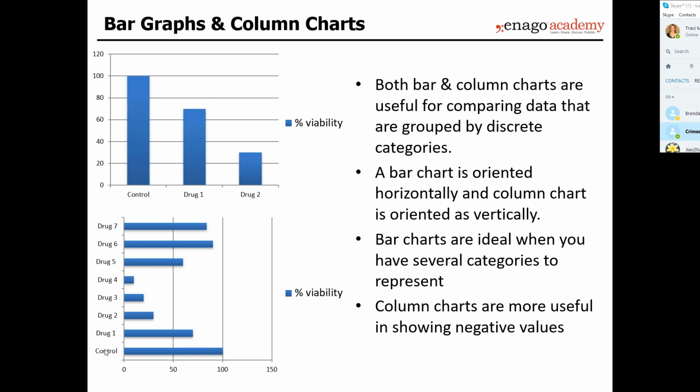And you can see the same down at the bottom with the column chart. Now, the bottom point here says that column charts are more useful in showing negative values. That is true, but I've seen both of these types of charts represented with positive and negative values. It just usually depends on your preference for visual interpretation.